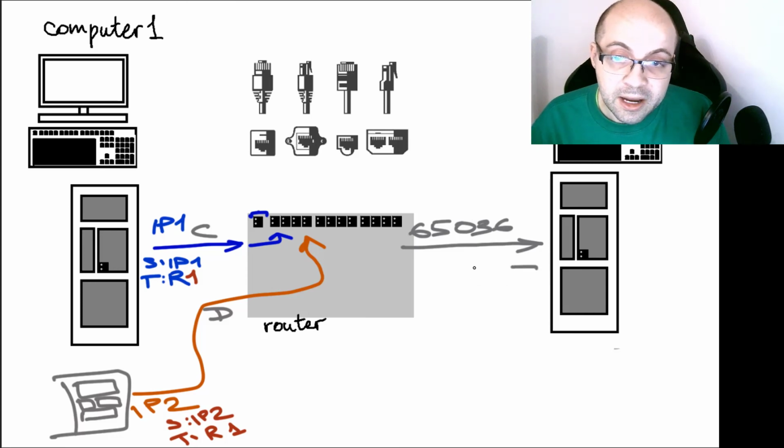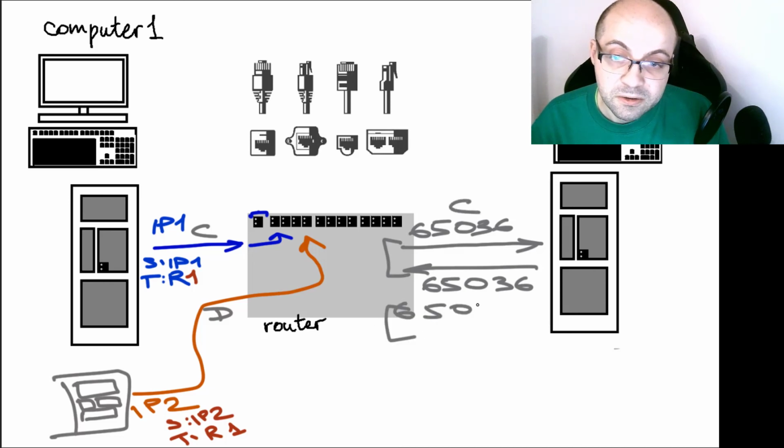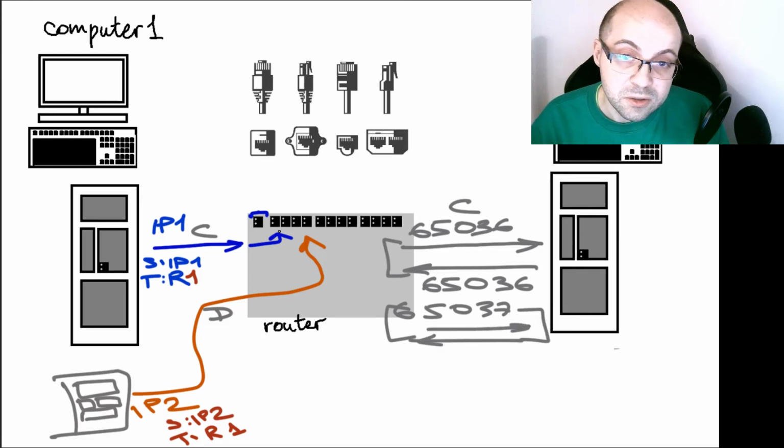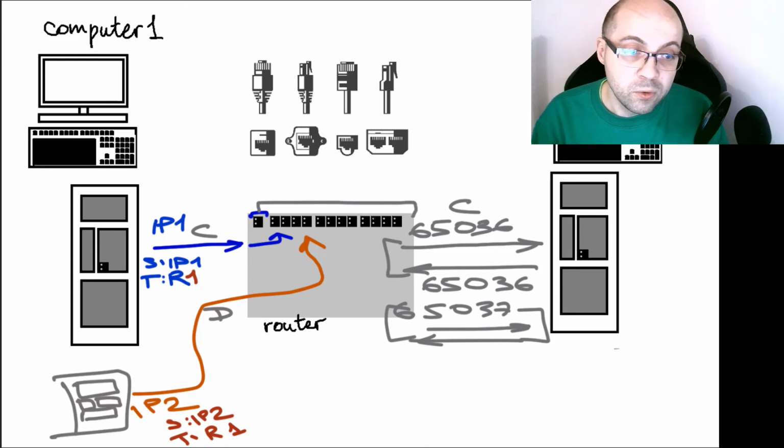And when the reply comes back, it comes back to the same port. So the TCP port would be the same. And this is how we know that this is for cats, and another one, which is 65,037, would be for dogs. So there are multiple sessions using the same public IP, but they go through different ports.